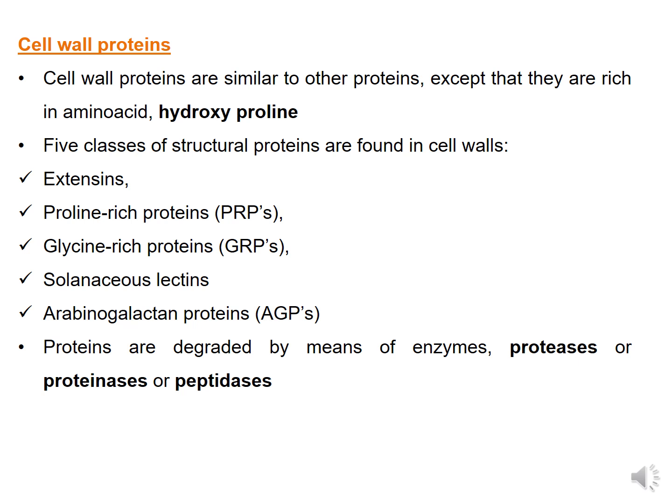You have to remember this hydroxyproline, and we will see the different types of cell wall proteins like extensins, proline rich proteins, that is PRPs, and glycine rich proteins, GRPs, and solanaceous lectins and arabinogalactan proteins. These are the 5 different types of proteins we can find in the cell wall. These proteins are degraded by the enzymes proteases, which are also known as proteinases or peptidases.